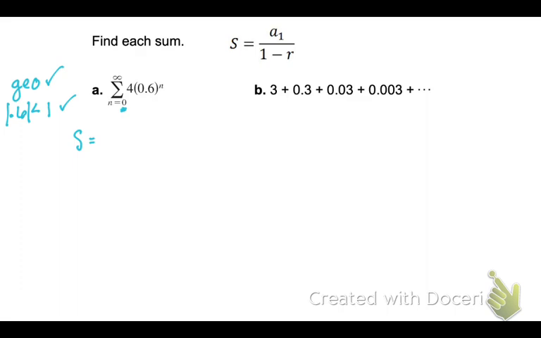So 0 in for n, so 0.6 to the 0 is 1. 1 times 4 is 4, over 1 minus r, which is 0.6. So that gives me 4 over 0.4. So I have to move my decimal, which makes it 4 over 40. Wait, 40 over 4. So S is what? 10.